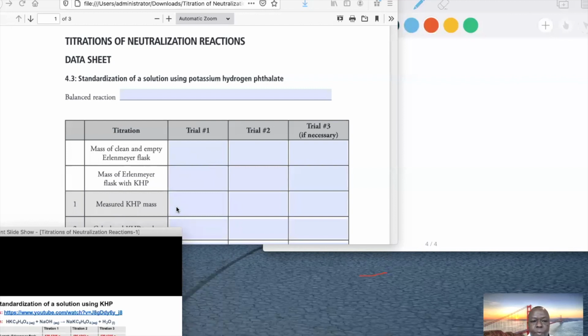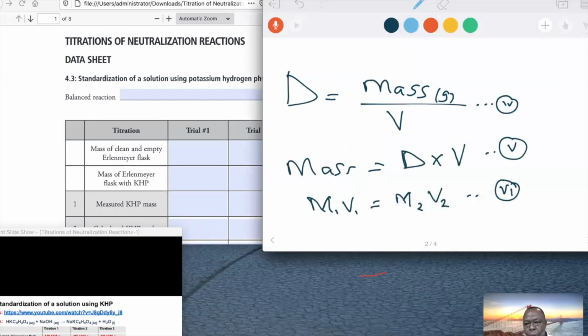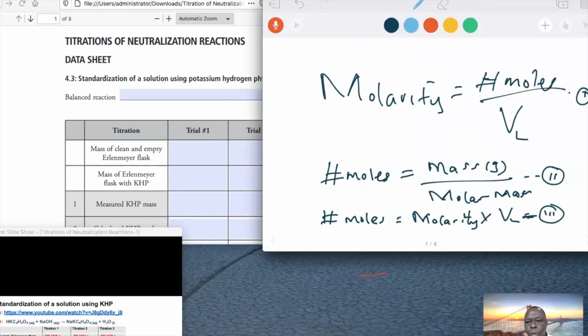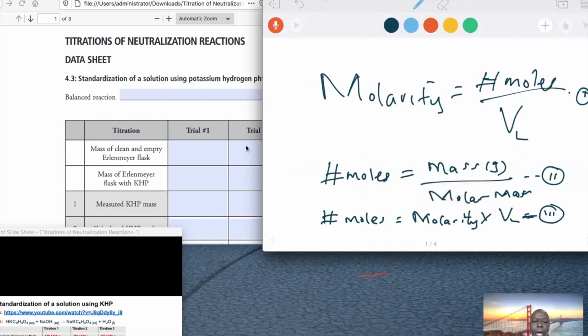You have to find the difference. We are looking for the mass of the KHP. How will we get that? Row 2 minus row 1 gives you the mass of KHP. This is what I was talking about. You will need this information, which we learned earlier on. We are looking for the number of moles of KHP.